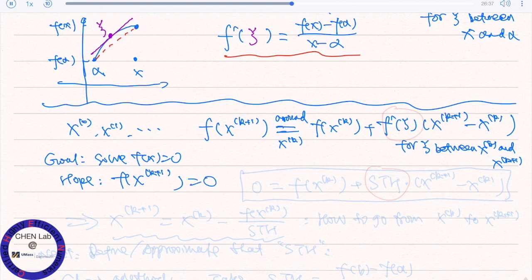Then you're done. Of course, we can only hope. The reality might be different, but we should always hope. So if f of the next iterate is as close to 0 as possible, then we're done.